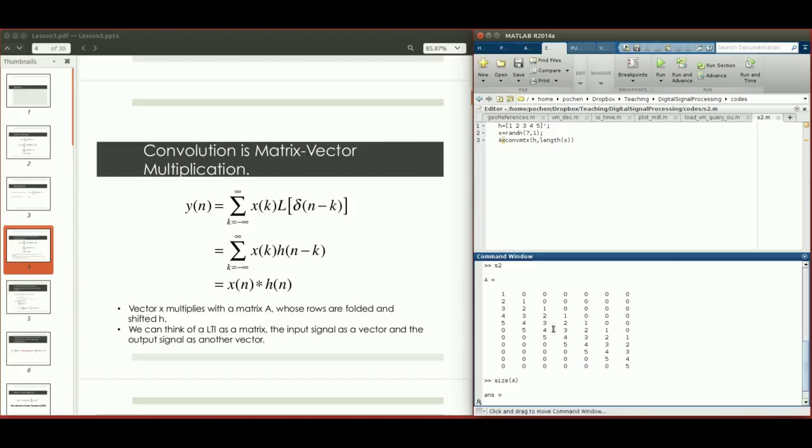By the last column, 1, 2, 3, 4, 5, the last element of H reaches the bottom of the matrix. So that's how you look at the columns.